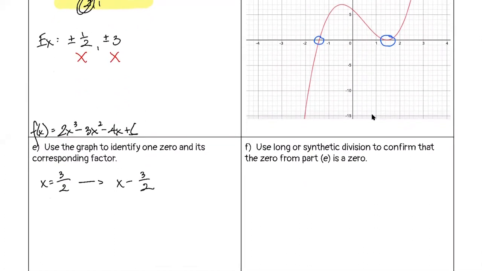So what would be really awesome is if we multiplied this by 2 and we got 2x minus 3. The reason I'm choosing to do this is because I look at the original problem and I know that the leading coefficient is a 2. So if I keep my factor 2x minus 3, I'm going to already have that leading coefficient. I won't need to worry about it later on, okay?